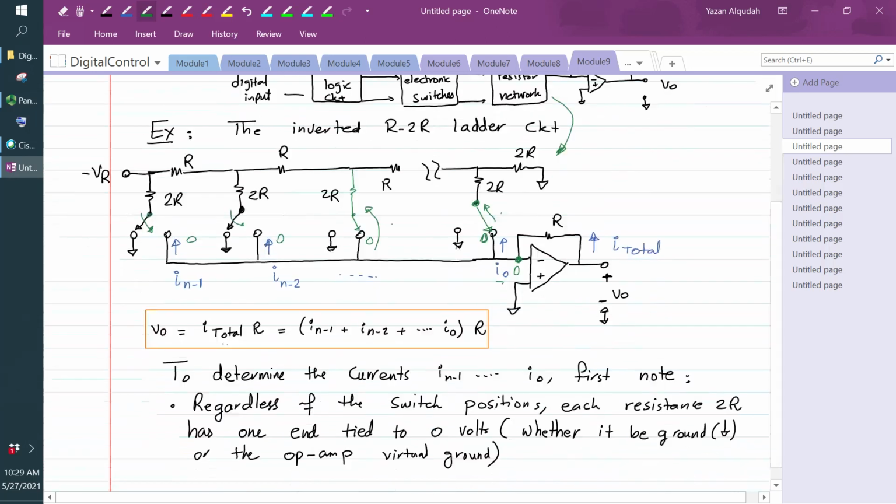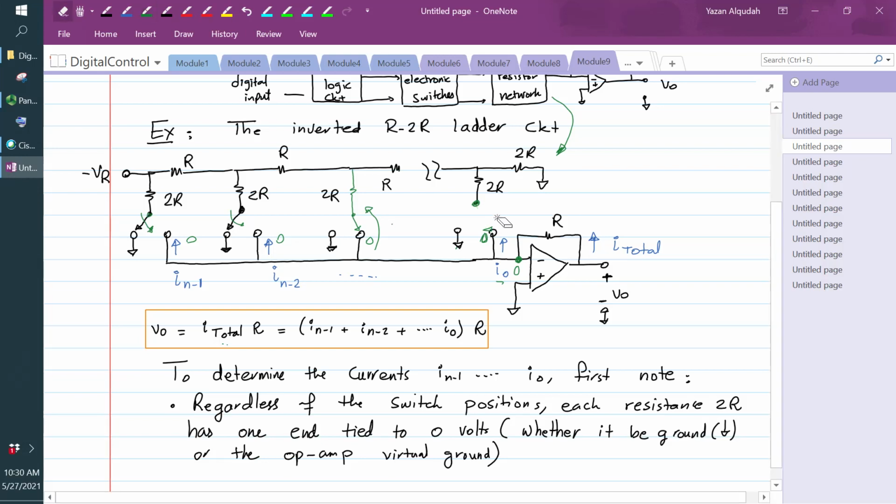Now, what we want to determine is the value of these currents, IN minus 1 all the way to I0. Now, these currents are going to be either a 0 if the switch is connected to the ground, or it's going to have a value that is going to go through the op-amp.